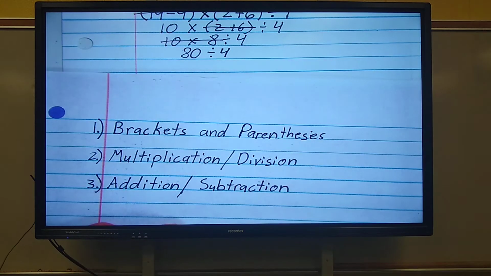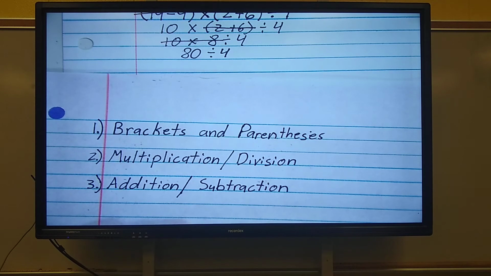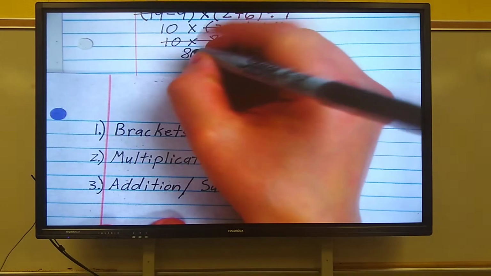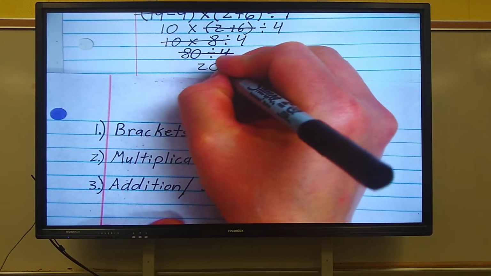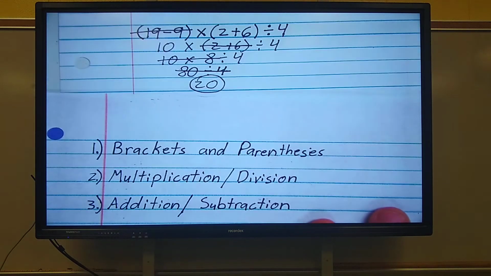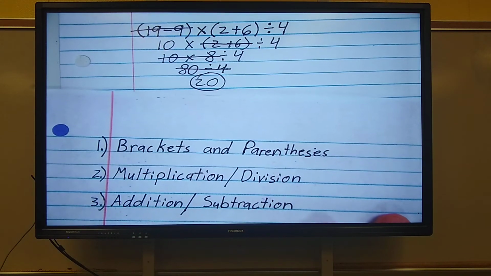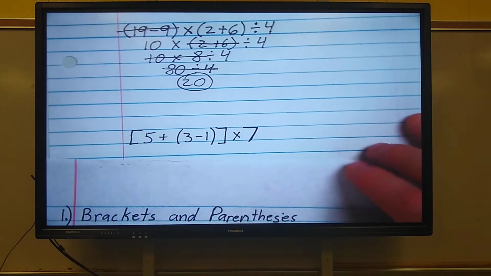So this is how you solve this problem. 80 divided by 4. 80 divided by 4 equals 20. My answer is 20. Look at your work, look at my work, and see if you made any mistakes. Pause the video if you have to. All right, the next one.